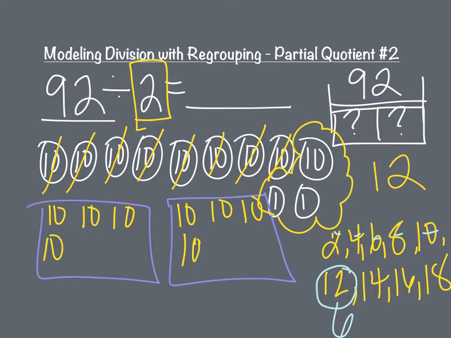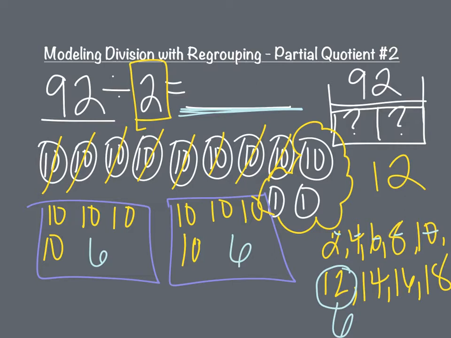Excellent, 6. So how much do I put in each of my groups? That's right, 6 and 6. So what is my quotient? How would I find it? I modeled it. What is it?